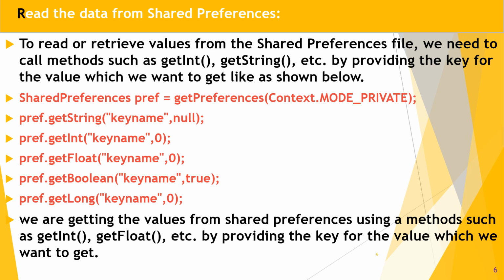While reading the data, only create the object of shared preference, and using that object dot getString, getInt, you can get the values relative to that particular key which we have saved previously in the shared preference file. Great.